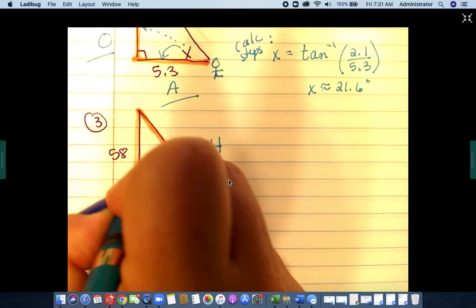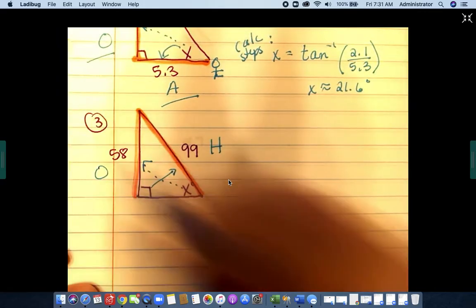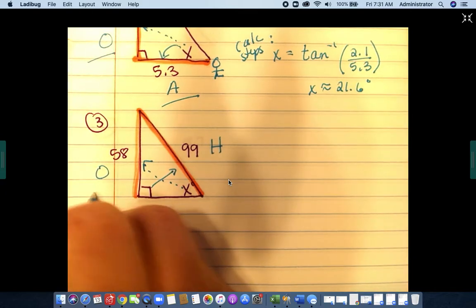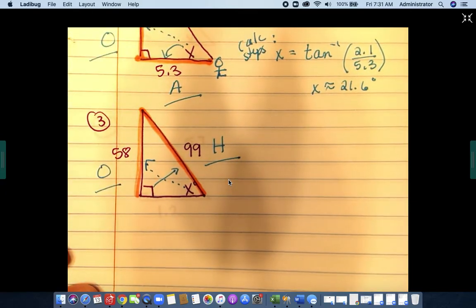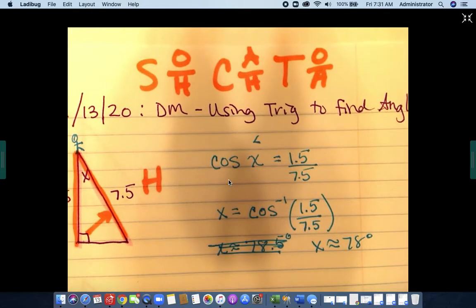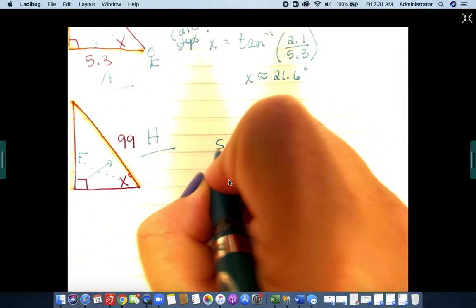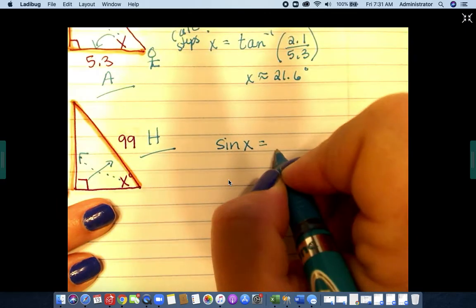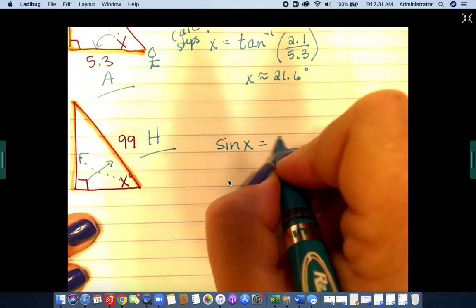Way over here from this angle x is the opposite. Oh, I used O and H. So that tells me to use sine. So that means sine of my angle is equal to opposite over hypotenuse.